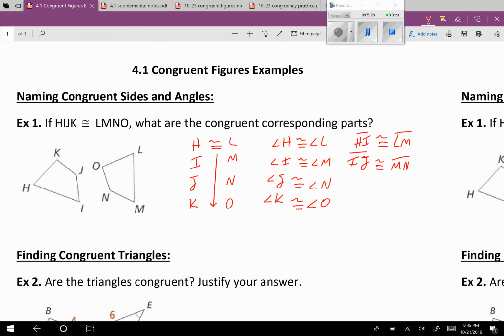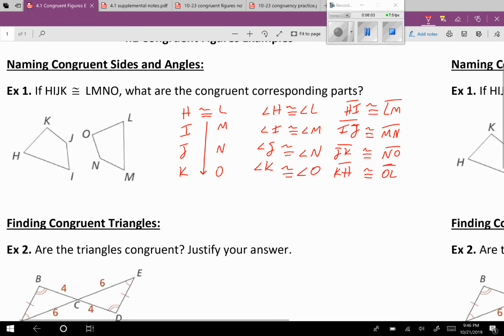And then JK would be congruent to NO. And your last one, you start at the bottom and go up to the top. So side KH would be congruent to OL. There you go, there are your congruent sides and congruent angles, and I got all that just by matching the letters.